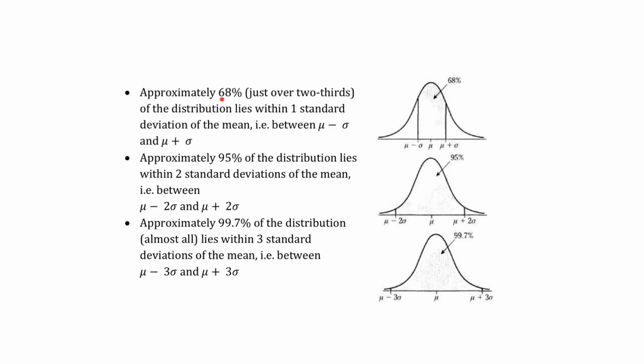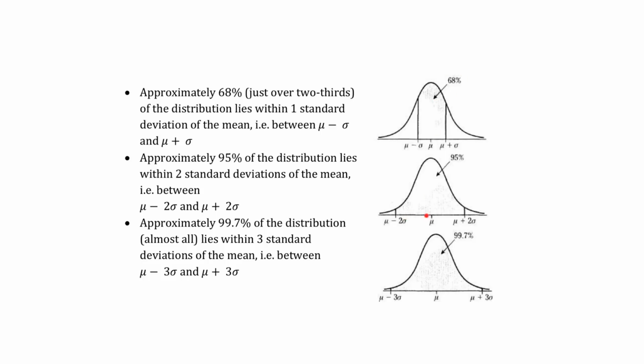Approximately 68% of the distribution lies within 1 standard deviation of the mean, which means that if this is your mean at the center, within 1 standard deviation means 1 standard deviation above the mean, which is mu plus sigma, or 1 standard deviation below the mean, which is mu minus sigma. The total area or probability within 1 standard deviation of the mean is approximately 68%.